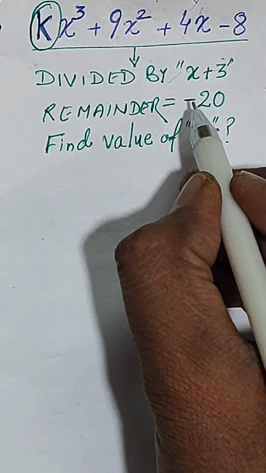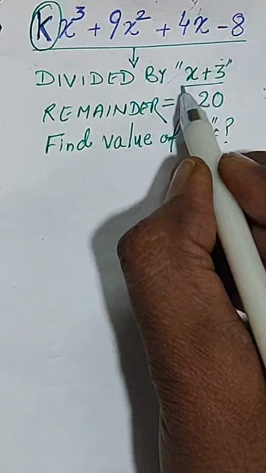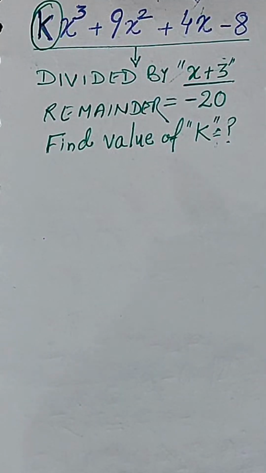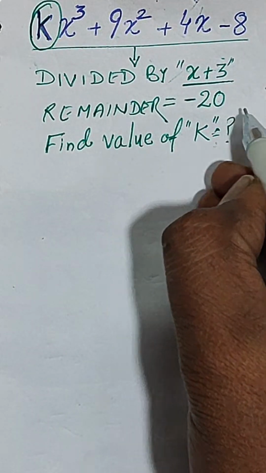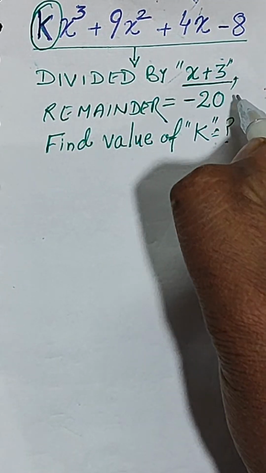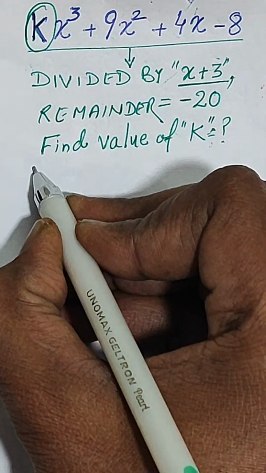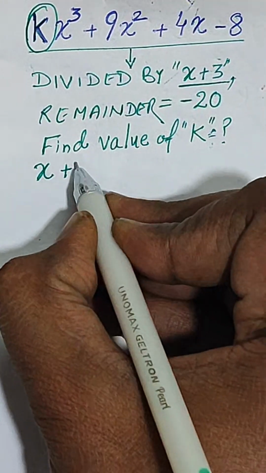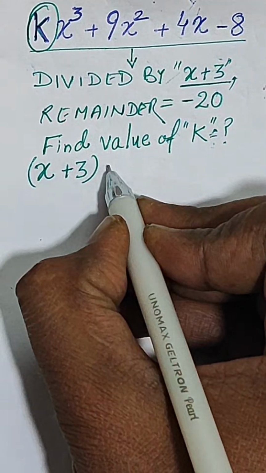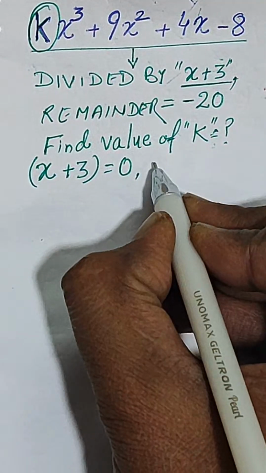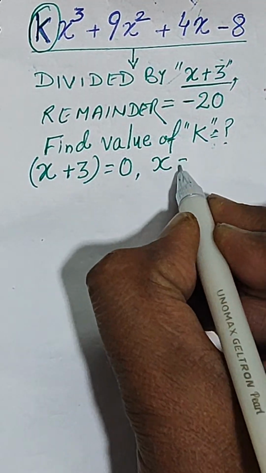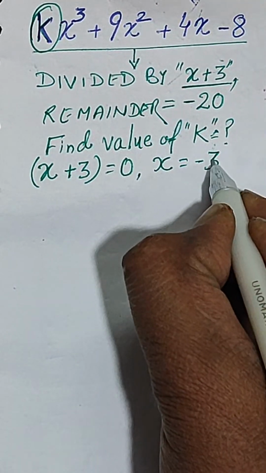So just equate x plus 3 to 0. When x plus 3 is equated with 0, this will give you the value of x as equal to minus 3, isn't it?